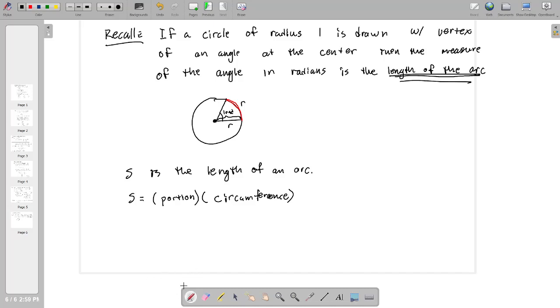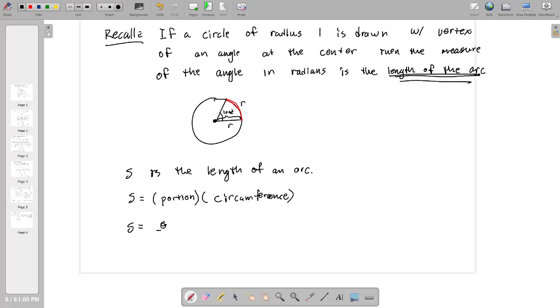So now what we're going to do is extend this a bit. S will equal the proportion, which in this case, if we're talking about radians, because the radian measure of a full circle is 2 pi, we just need to find the angle that we want and divide it by that full radian measure. So if we wanted, say, 2 radians, that would be 2 divided by 2 pi, which would give us the proportion of the circle that we want.